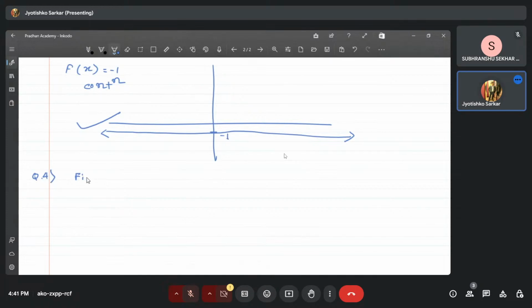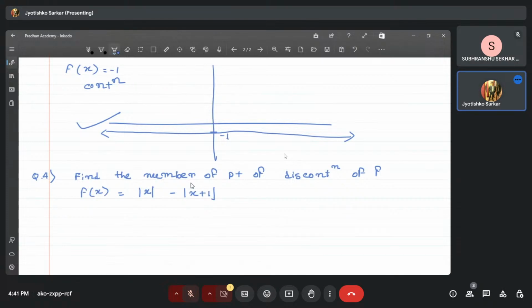Find the number of points of discontinuity of f defined by f(x) is equal to mod of x minus mod of x plus 1. So this is our given function.